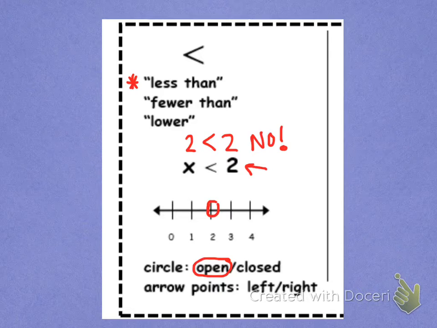And then we are going to highlight, and if you have a pencil, you're going to do shading, pointing our arrow to the left. So if I were to rewrite this inequality as x is less than 2 and make that into an arrow, it's pointing to the left.